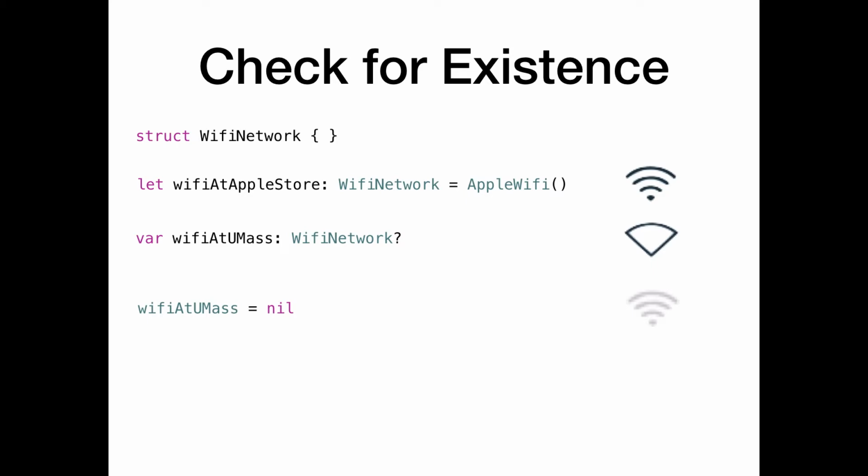So in that case, we've got nil. In the top case at the Apple Store, we definitely have Wi-Fi, so we have these darker lines. What if they're flashing? If they're flashing, then you should go to IT. And once we have Eduroam, we can have our full bars. So this is a way to check for existence, and optionals help us look at that.